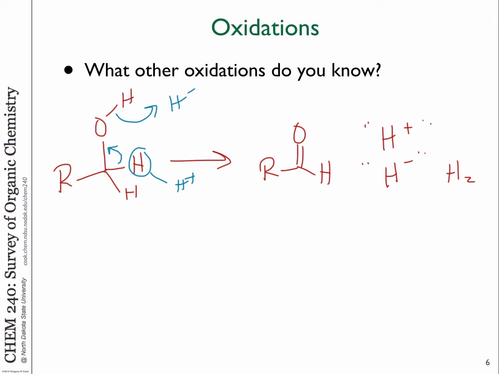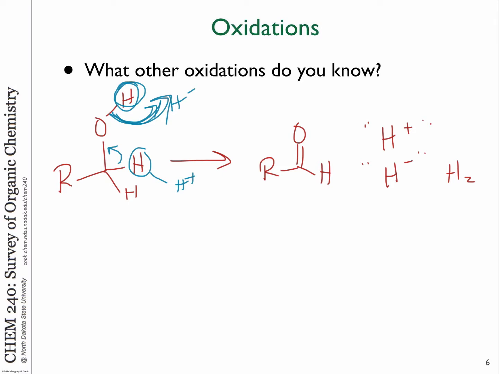The way most oxidations work when we go from alcohol to a CO double bond, and then eventually to a carboxylic acid, is exactly in this kind of way. What we need to do is replace hydrogen with something that's more electronegative than oxygen, so that the electrons bonded to it can leave away from oxygen. That's what these high oxidation state reagents do.